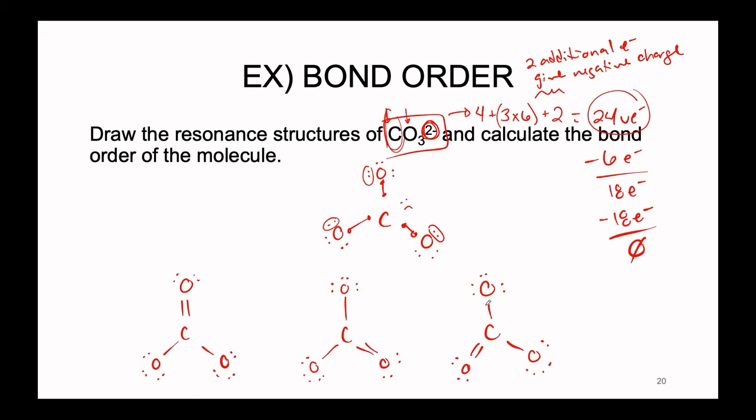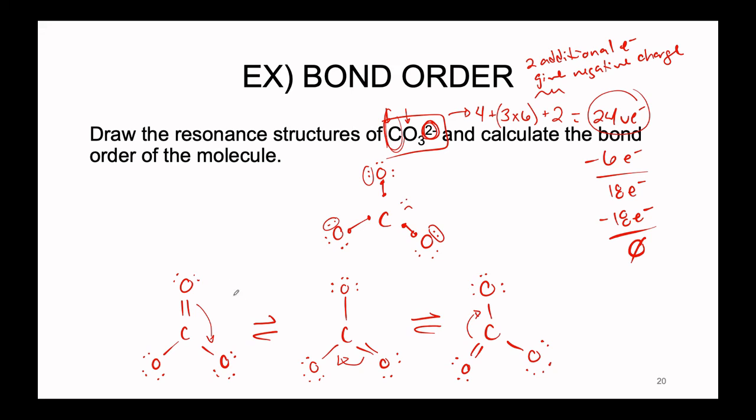In reality, just like the ozone case, we don't actually end up experimentally seeing 1 shorter bond distance and 2 longer bond distances. We actually see each of these 3 bonds being exactly the same. So what this tells us is that these structures that we have illustrated are in resonance with each other, that the double bond is actually just rotating around the molecule as the electrons dynamically fluctuate.